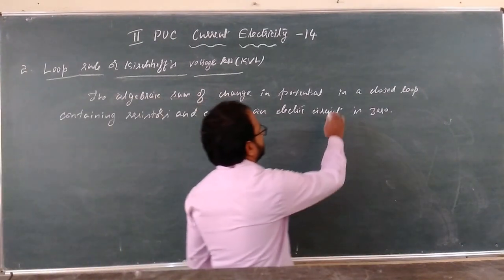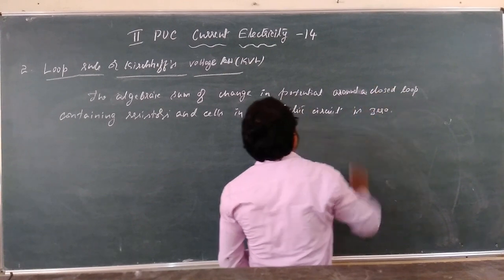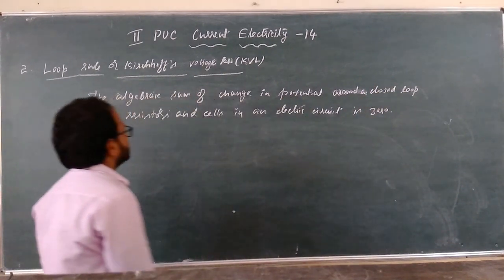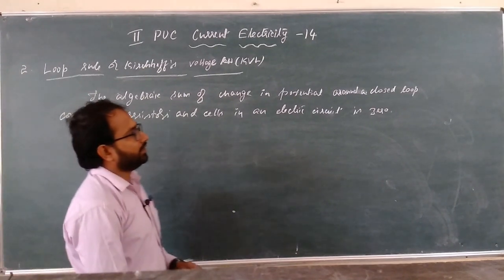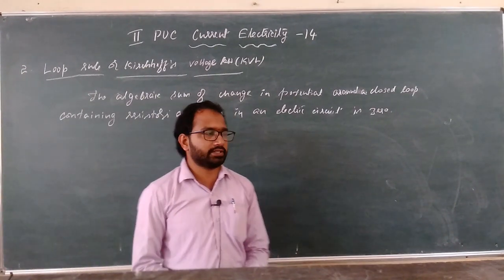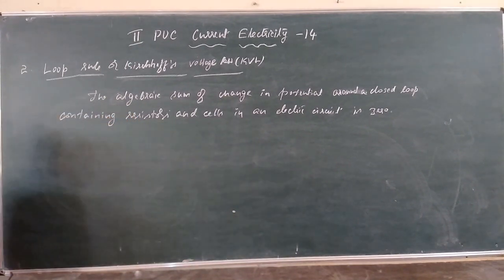Okay, so around a closed loop containing resistors and cells in an electric circuit, that is nothing but the algebraic sum of EMFs and voltage drop across the resistors around a closed loop in an electrical circuit is 0.